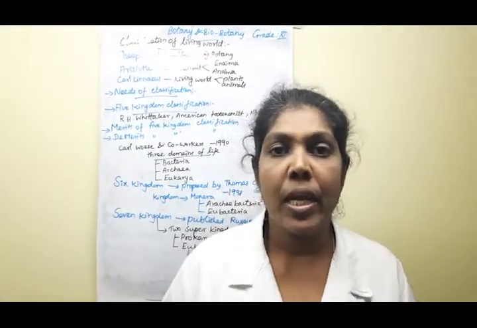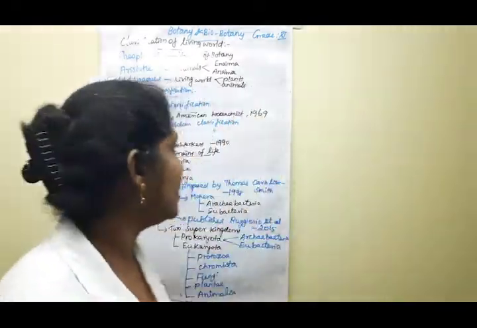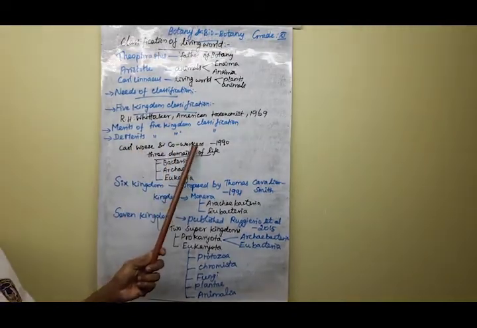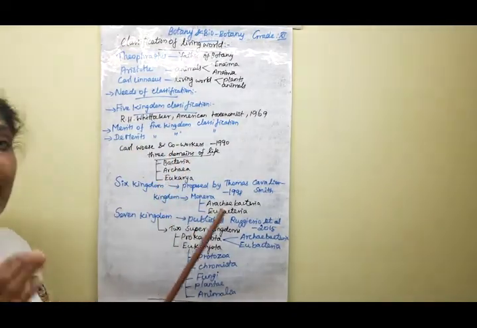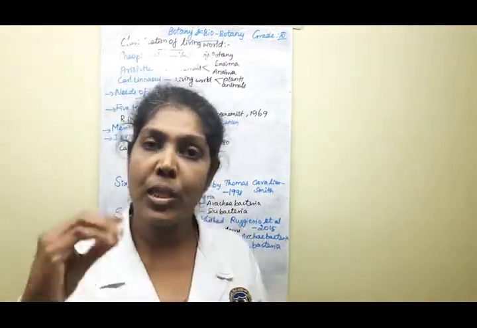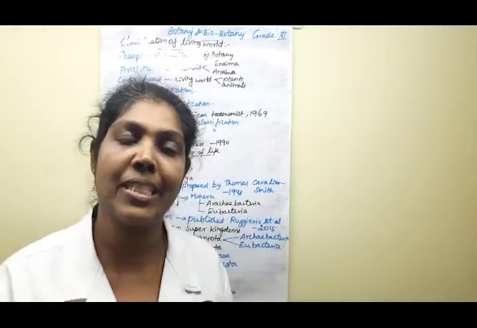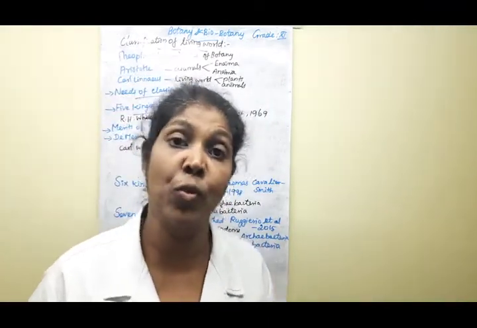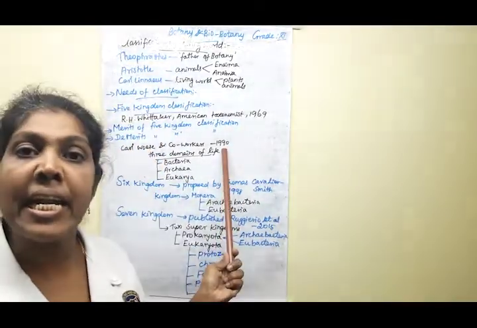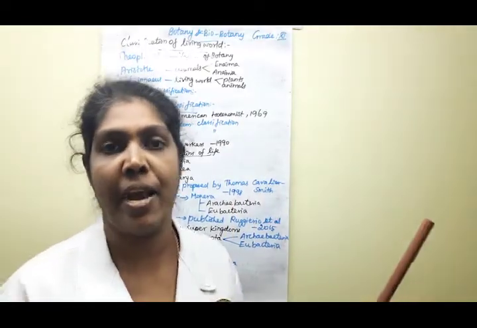The first is the 3 domains, proposed by the taxonomist Carl Woese and co-workers. In the year 1990, they proposed the 3 domains of life in living organisms.